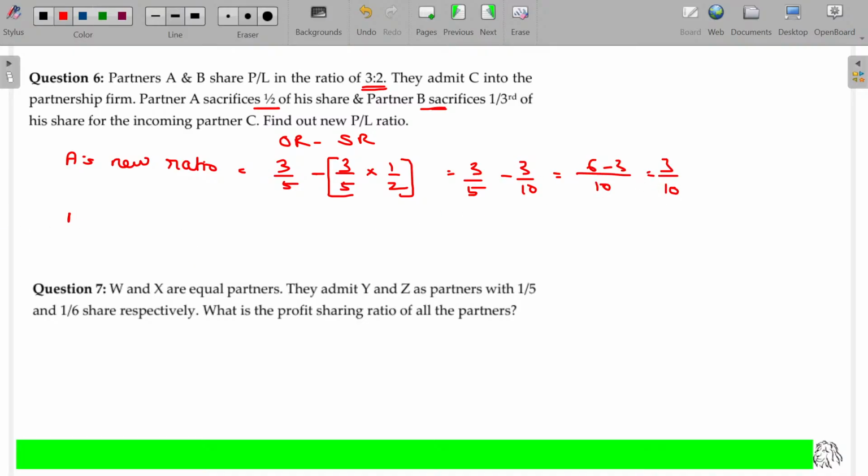In case of B, 2/5 minus one third of the 2/5. Then 2/5 minus 2/15, which gives 4/15.